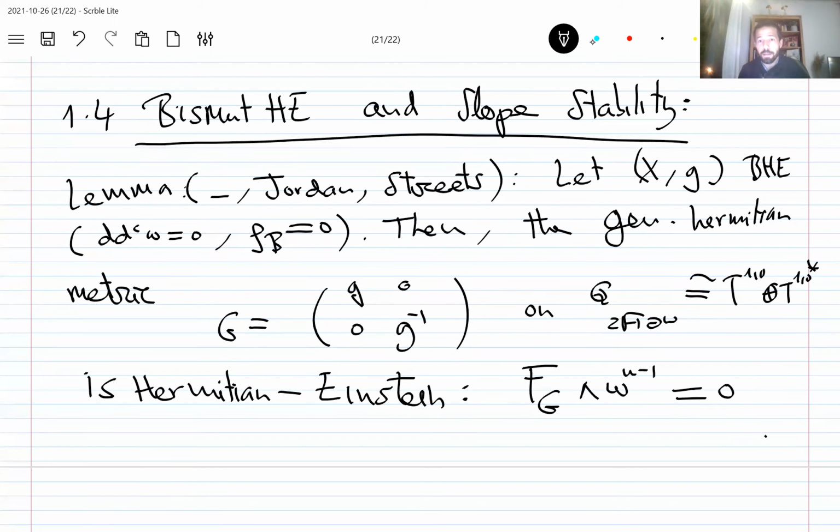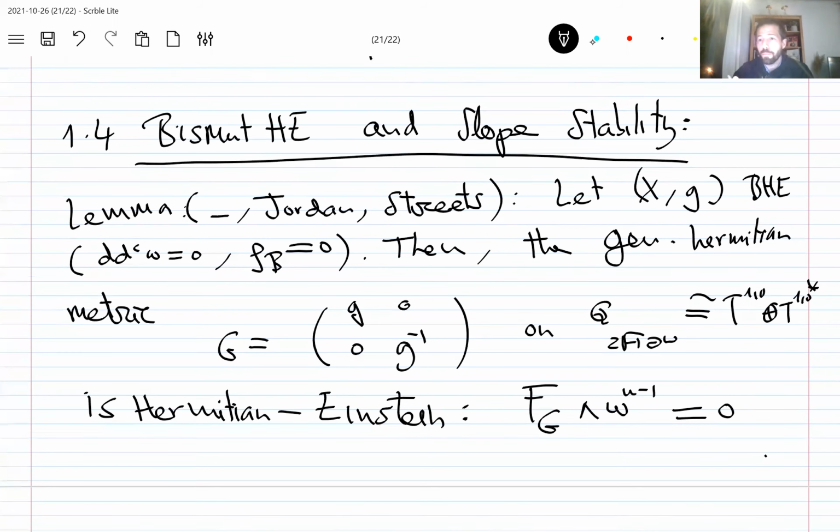And here omega is the Hermitian form determined by the same metric G.